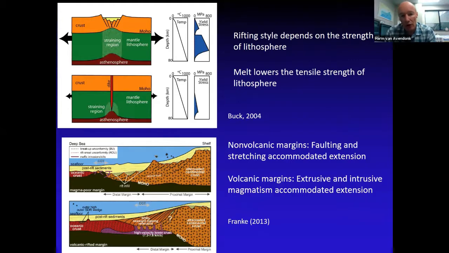The other end member model is a volcanic margin, which is characterized by large volcanic flows. They can be imaged, especially with seismic reflection data, because they show as seaward dipping reflections. You can also see a relatively thick igneous crust at the continent-ocean transition.